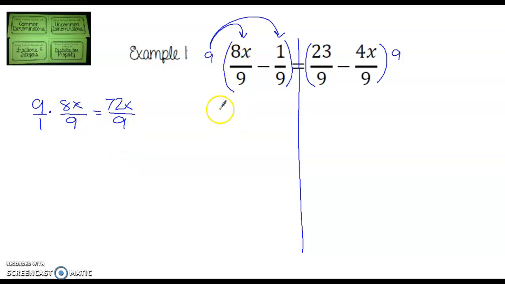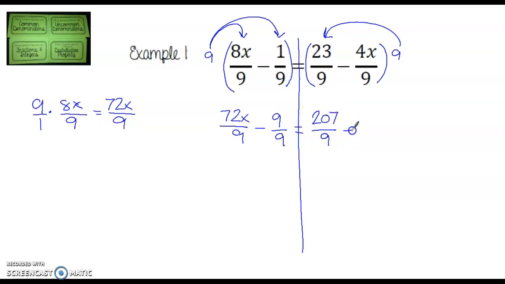So that's my first fraction, 72x over 9, minus 1 over 9 is 9 over 9, is equal to 9 times 23. Let me do that. 23 times 9 is 207 over 9, minus 4 times 9 is 36x over 9.